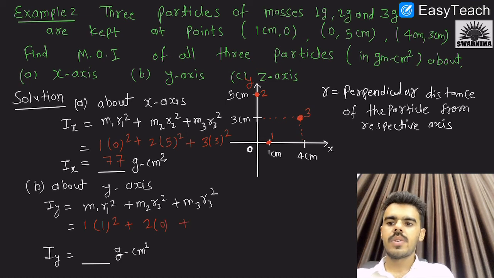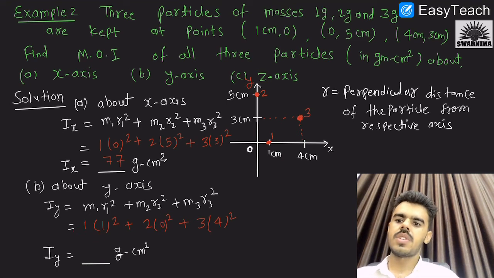So this is 0 plus 3 into the perpendicular distance, this is 4. So 4 square. So this becomes 1, this becomes 0 and this becomes 16 into 3, 48. So the whole is 49 gram into centimeter square, Iy.